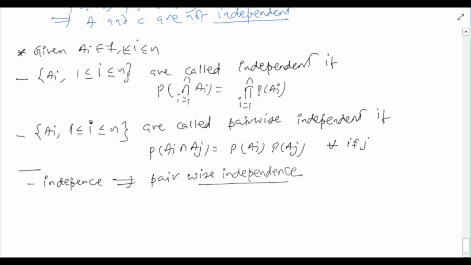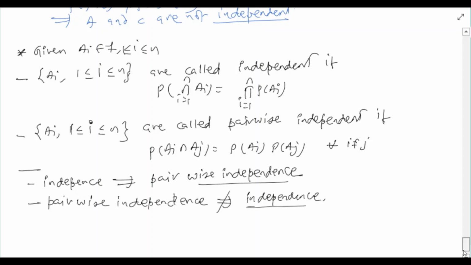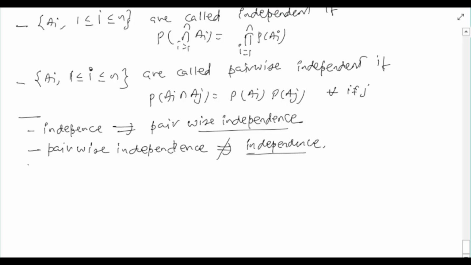On the other hand, if a collection of events is pairwise independent, that doesn't mean that those events will be independent as well. Pairwise independence does not imply independence. Let us see an example to illustrate this point.